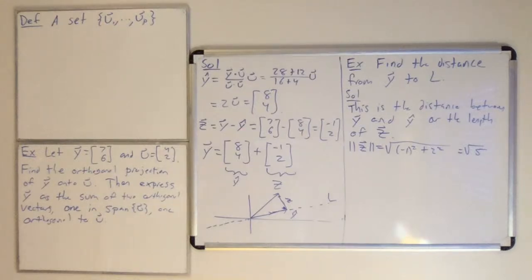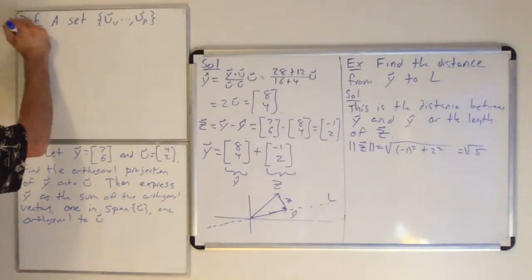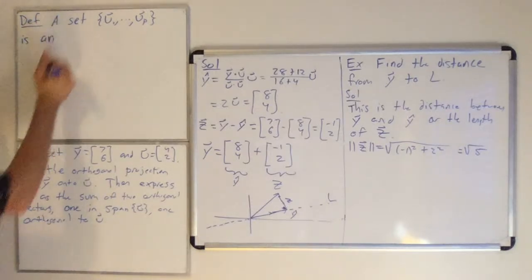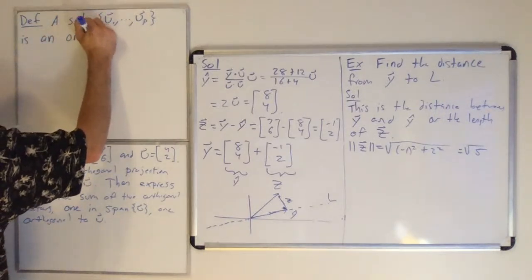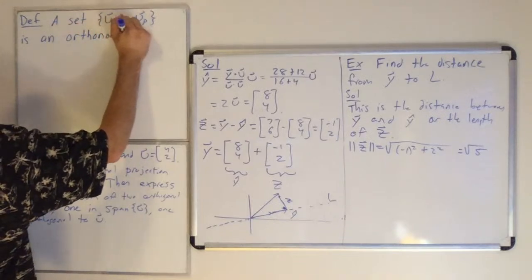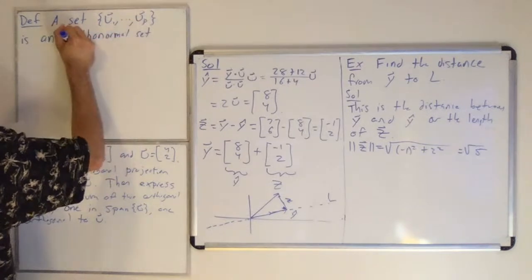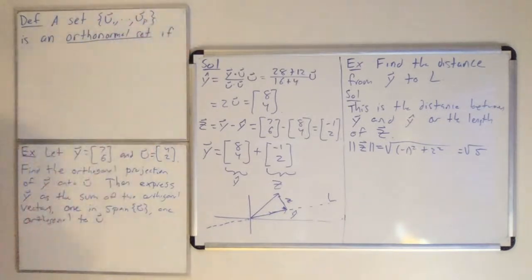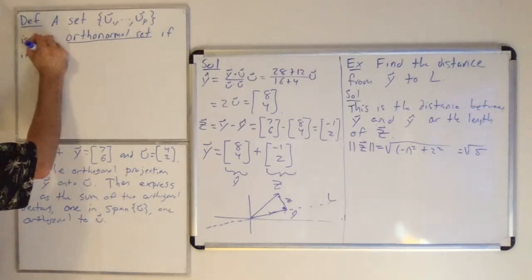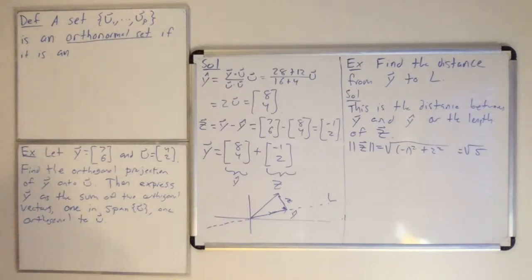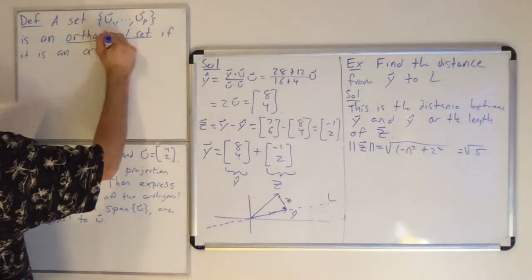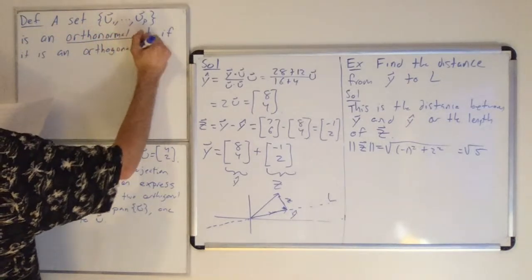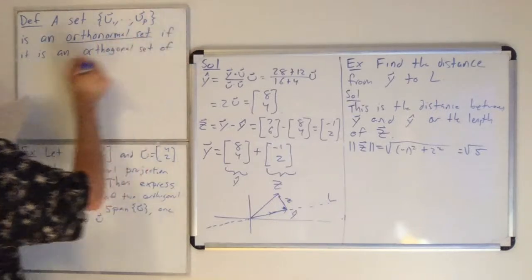So a set u1 through up is an orthonormal set if it's an orthogonal set of unit vectors.